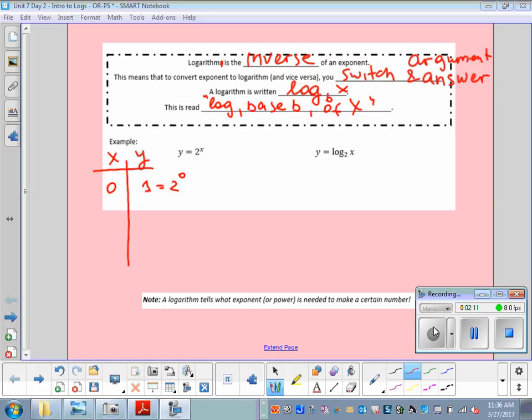If my x is 1, then my y is 2, which is just 2 to the power of 1. If my x is, let's say, 3, then my y is 8, which is 2 to the power of 3.